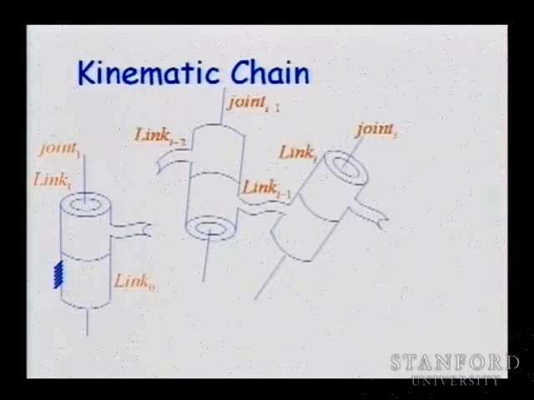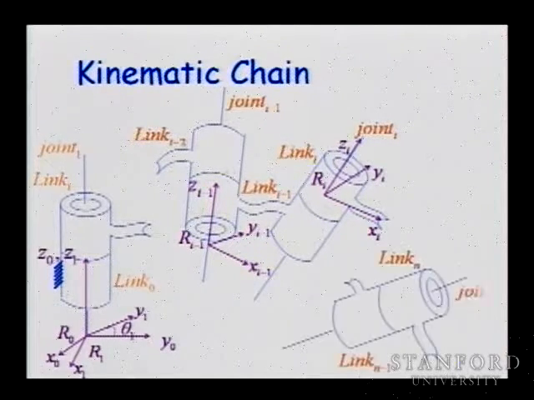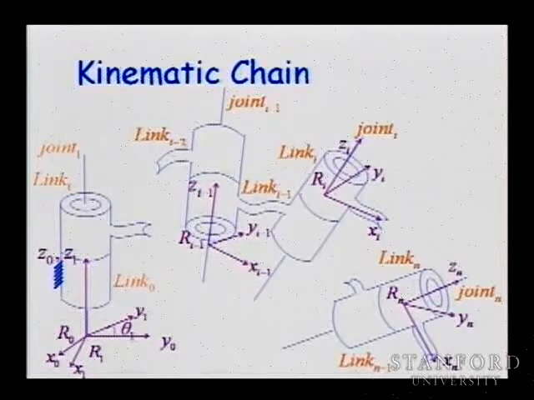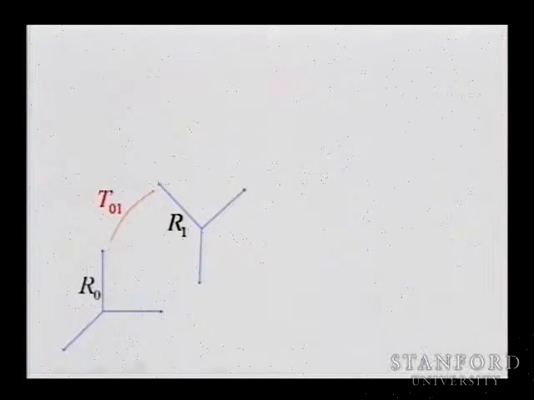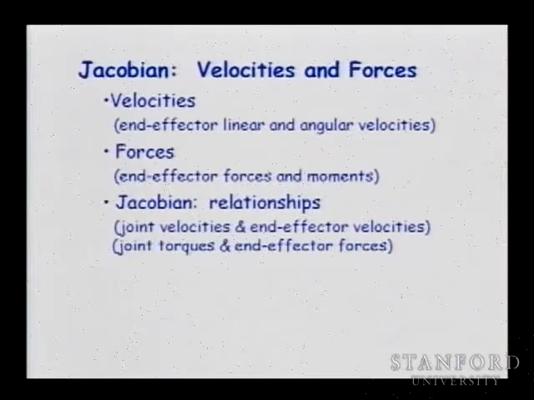And through this we can go through the chain and attach frames to the different joints, and then find the transformation between the joints in order to find the relationship between the base frame and the end effector frame. So once we have those transformations, then we can compute the total transformation. So we have a local transformation between successive frames, and we can find the local transformation.